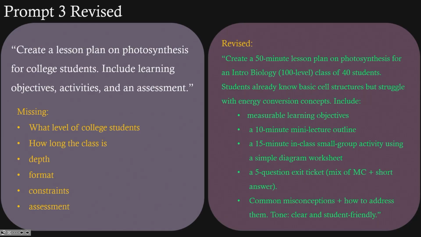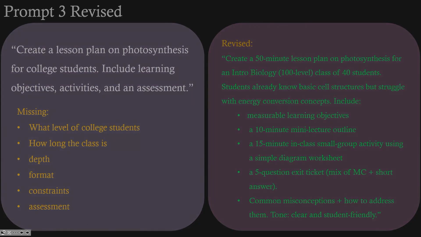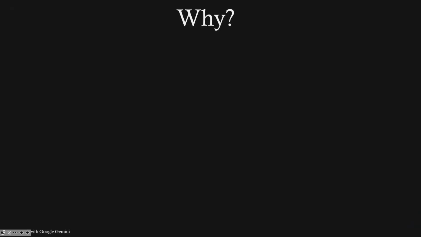So with the tone, it's telling the AI to make the vocabulary more student-oriented rather than using advanced vocabulary that intro biology students have no idea about. All right, so let's learn about the why behind it. Why is it so important to understand what good prompting looks like and what bad prompting might look like?